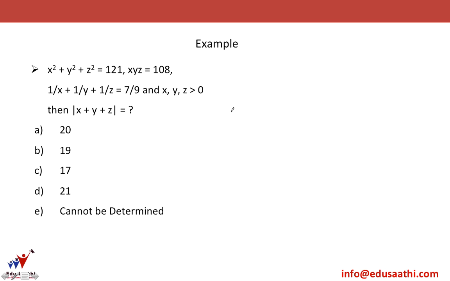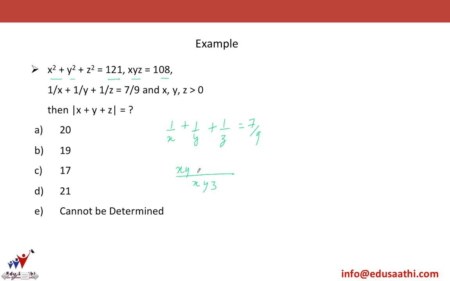Let's try this next question here. I have x square plus y square plus z square as 121 and xyz is equal to 108. I have a second equation, 1 by x plus 1 by y plus 1 by z is equal to 7 by 9. If I take the LCM, I'll get xyz as the denominator.